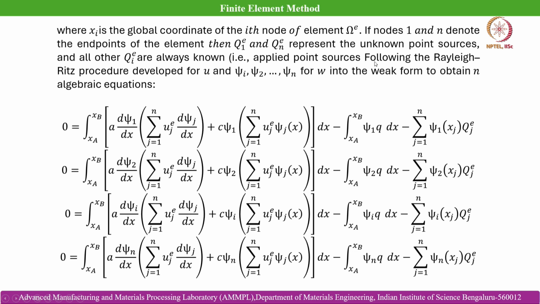Following the Rayleigh-Ritz procedure, we substitute the approximation developed for u and the shape functions psi_1, psi_2 to psi_n for w into the weak form to obtain n algebraic equations, which can be written as follows. The integral from x_a to x_b of a dw/dx, where w is now replaced with the shape function psi_i, and for i equal to 1 the expression becomes d psi_1/dx times the summation of j equal to 1 to n of u_j d psi_j/dx.